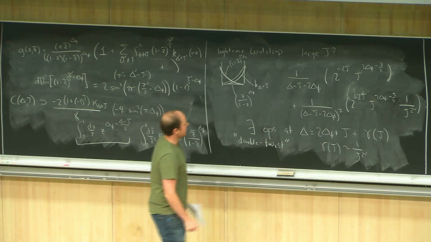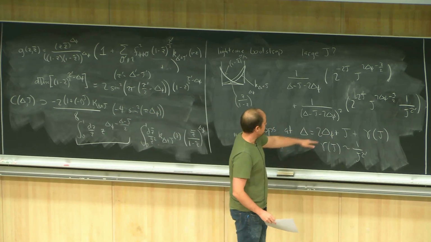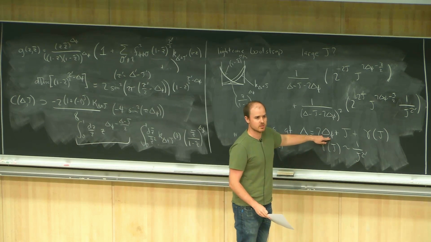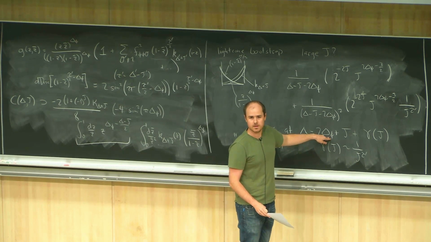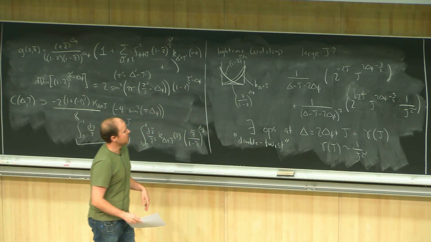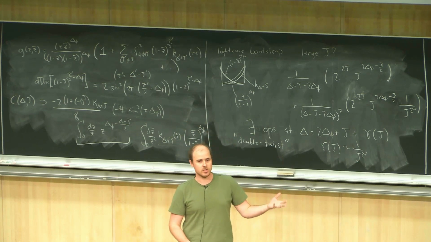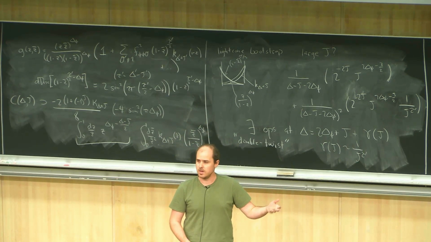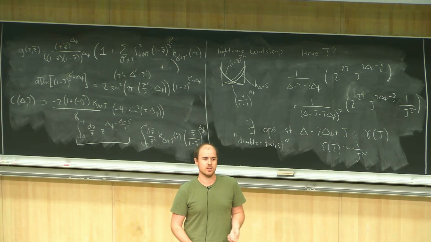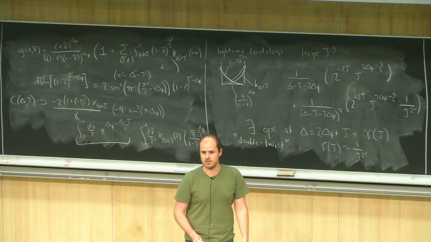The idea is that the twist of these operators, delta minus j, is approximately equal to 2 times the twist of the things we started with, delta phi. And the general statement that you can prove is that if you have 2 operators in a CFT, O1 and O2, with twists tau 1 and tau 2, then there exists an infinite family of double twist operators at large spin whose twists approach tau 1 plus tau 2.